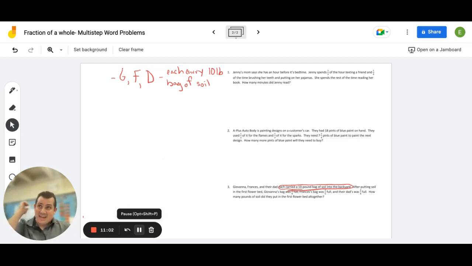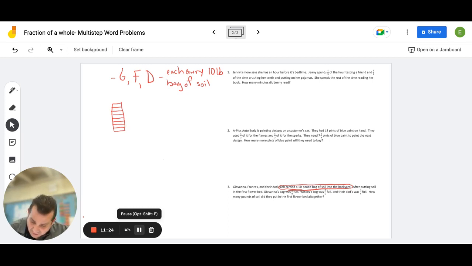So if her bag was 5/8 full, if I drew this, okay, 1, 2, 3, 4, 5, 6, 7, 8. Okay, was 5/8 full.